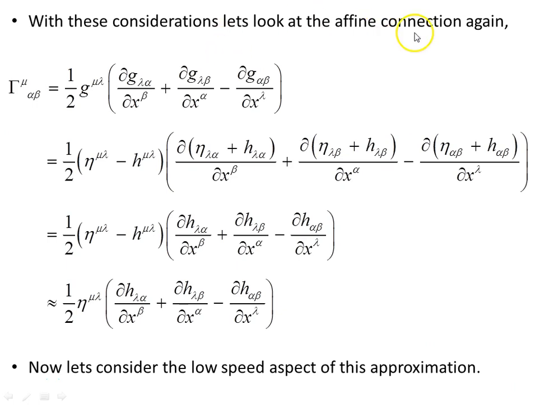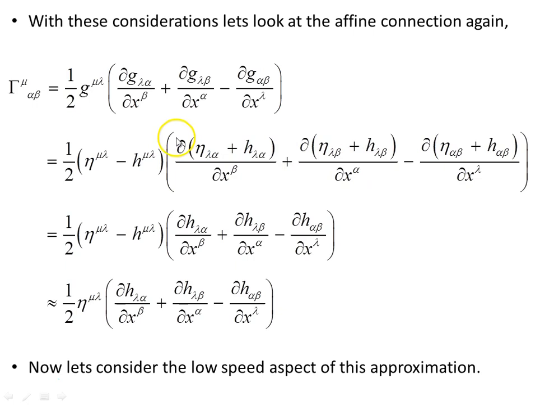Right, with these considerations, let's look at the affine connection again. So here we are, this object again. Now this time we're going to get rid of g and we're going to put eta and h in. So the inverse metric of the new form, and then with the g's I was substituting the covariant form, both indices lowered.